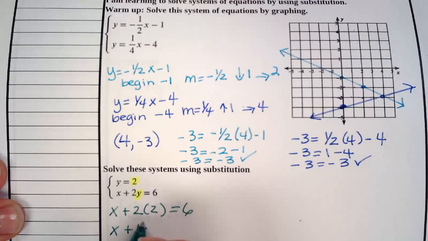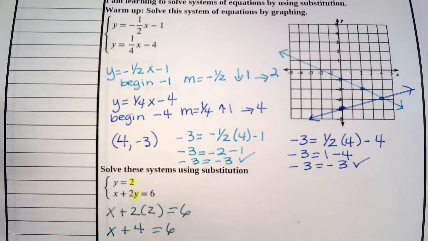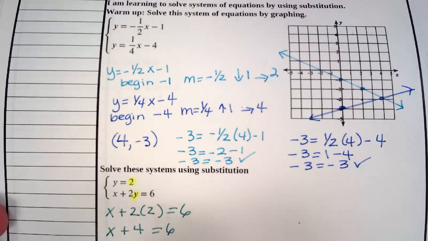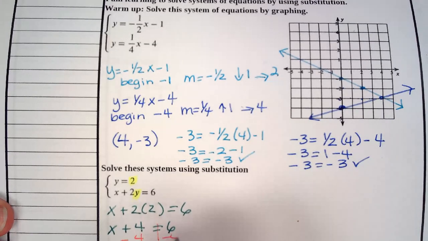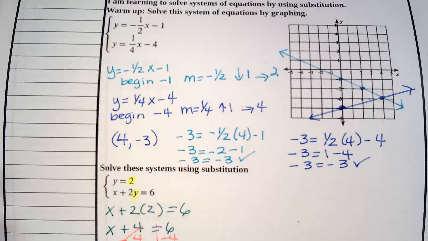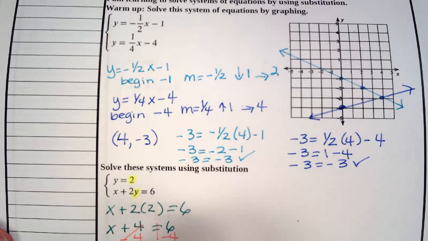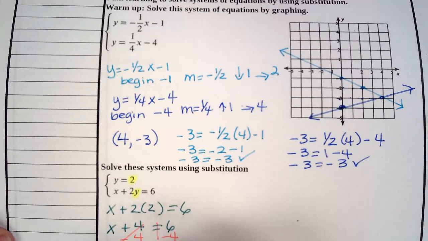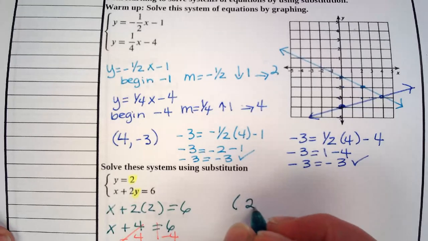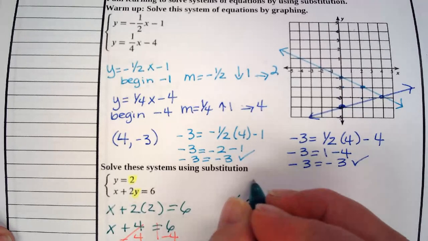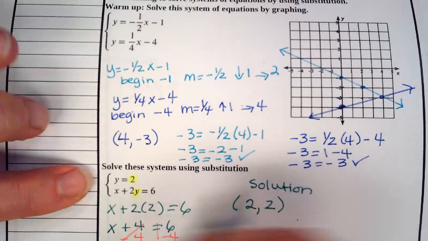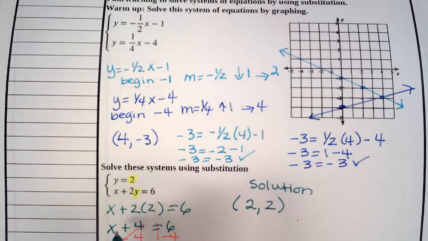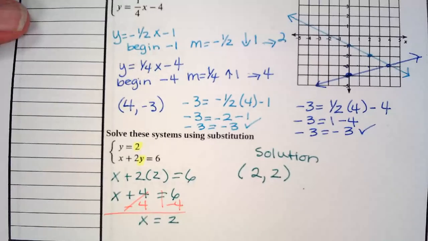X plus 4 is equal to 6. I subtract 4 from both sides. X is equal to 2. My point of intersection is 2, 2. I don't have to solve for y because they gave us the value for y to begin with.